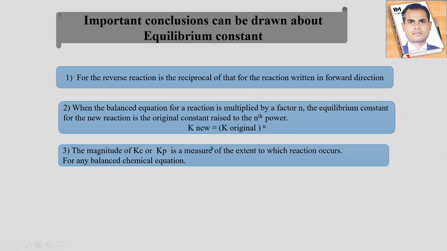Now the second conclusion: the magnitude of Kc or Kp is a measure of the extent to which the reaction occurs for any balanced chemical equation. If you take any balanced chemical equation, there will be a magnitude of Kc and Kp, which is the measure of the extent.